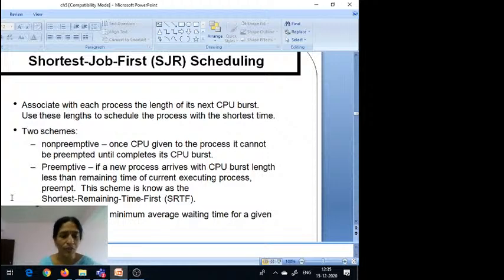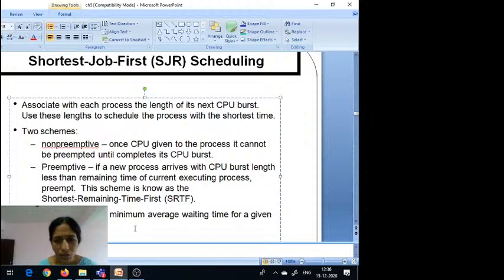After completion of 5 milliseconds, a new process arrives into the ready queue with CPU burst time of 4 milliseconds, and the currently running process's remaining time is 5 milliseconds. So the newly arrived process time is only 4 milliseconds.